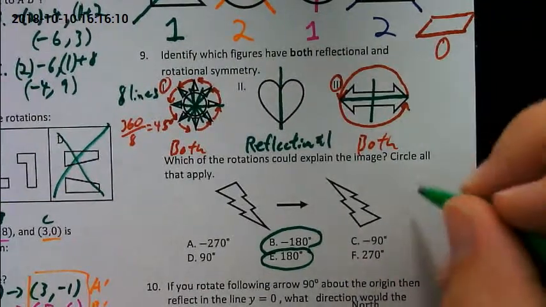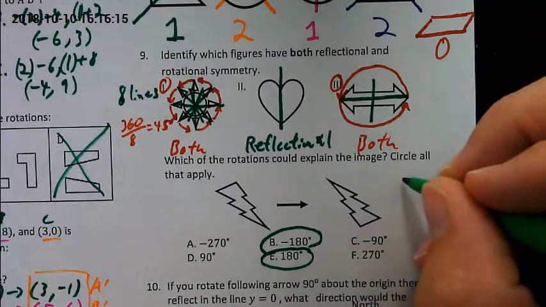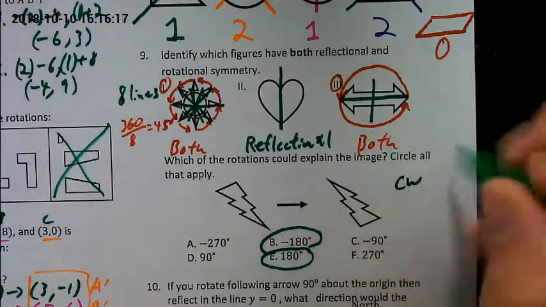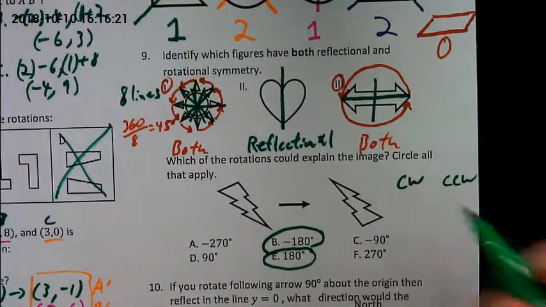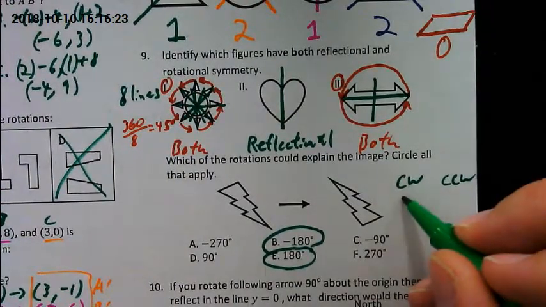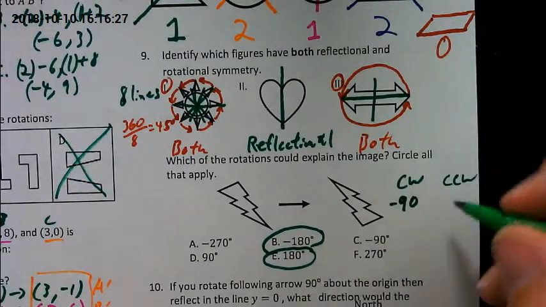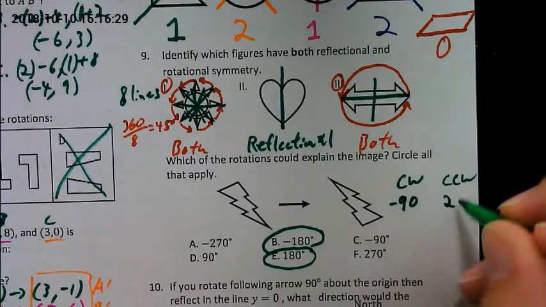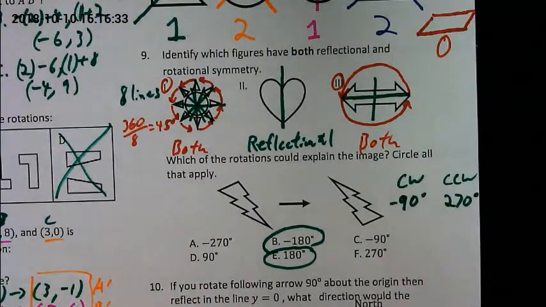here, I'm going to write a little chart here just to remind you guys of these things. Clockwise, counterclockwise. If you go negative 90, that would be the same thing as going positive 270. Clockwise, negative degrees.